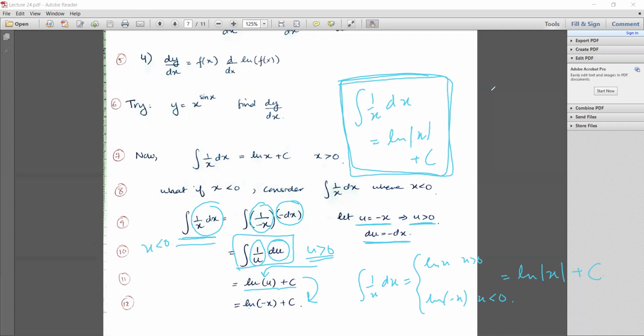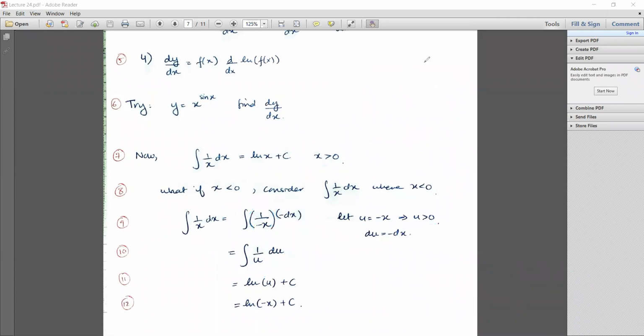Yes, Amna? Ma'am, can you please repeat the substitution part that you did? I couldn't understand it. Okay. So the reason I did that substitution was so that inside this integral, I have 1 over something positive. X is negative, so I wrote u is equal to negative x, which makes u positive because x is negative, right?